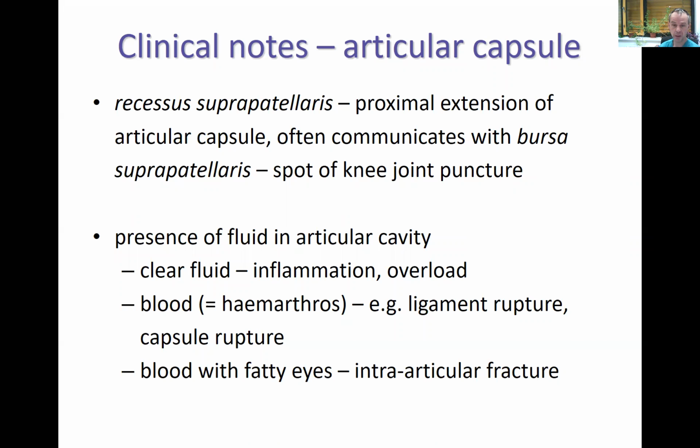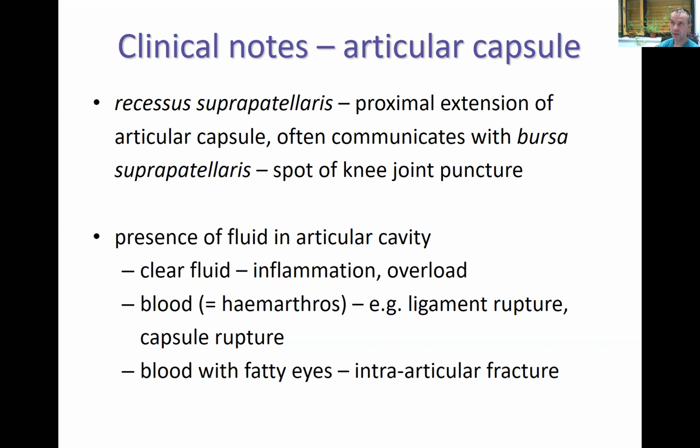The clear fluid we can get also in arthrosis and overload, but it can be colored red or brown in case of presence of blood. For example, in ruptures of the ligamental capsule, then we call it hemarthros, blood in the joint.